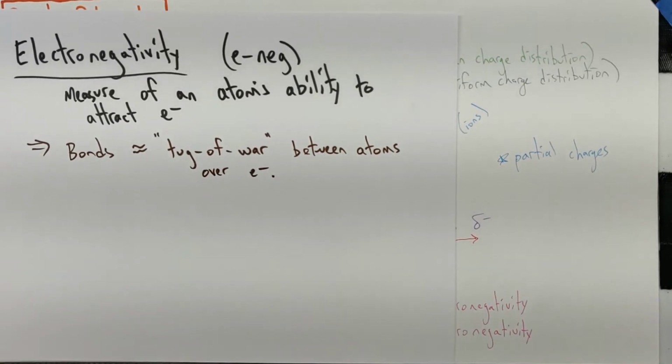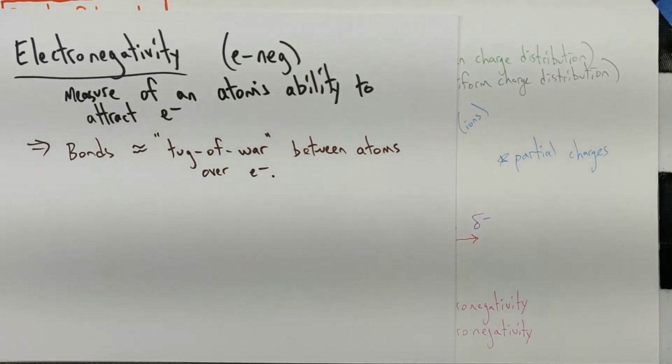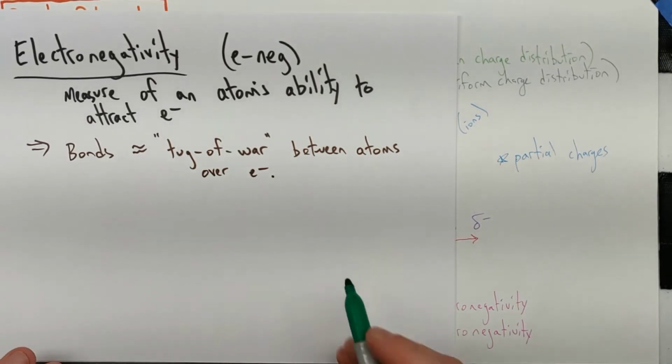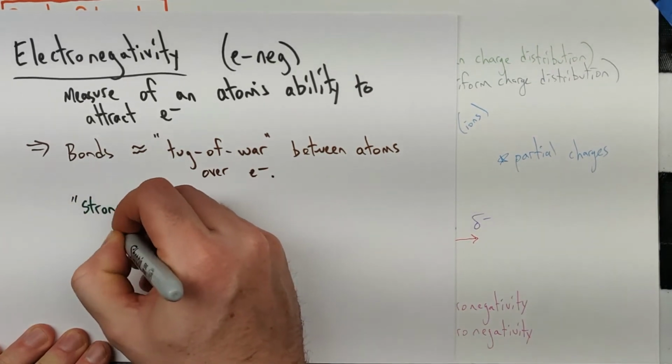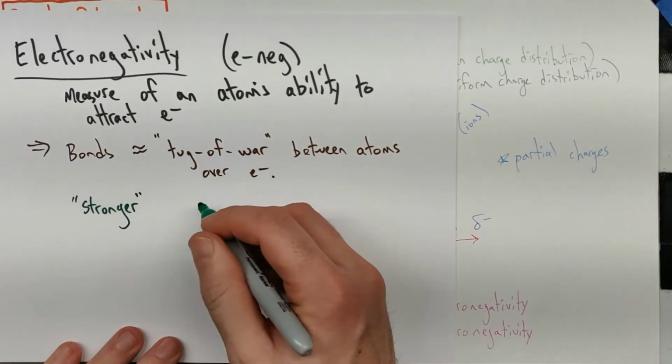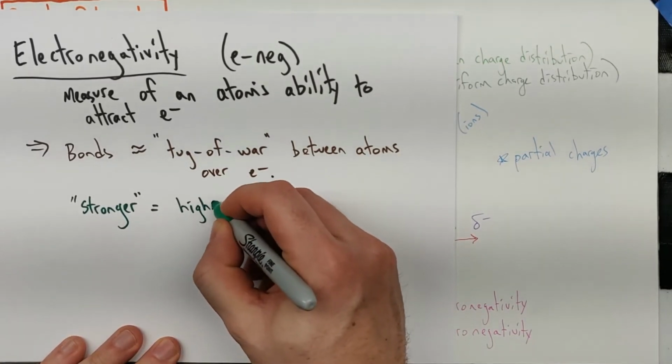In any real-world tug of war, theoretically you have a winner, so one side is stronger, and in this case stronger, for our purposes, is going to be higher electronegativity.